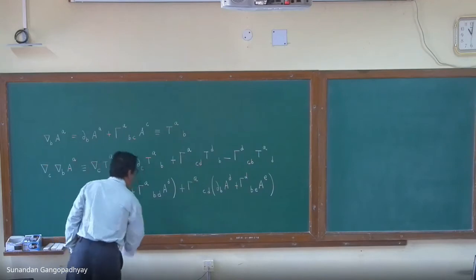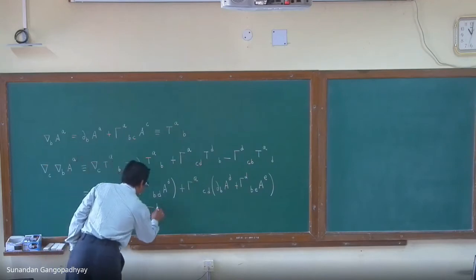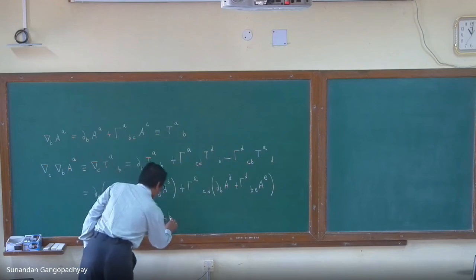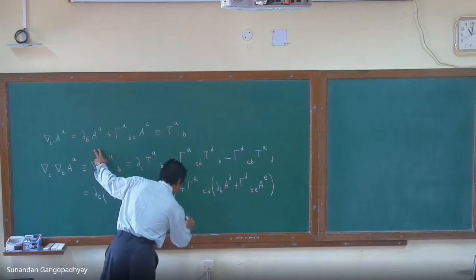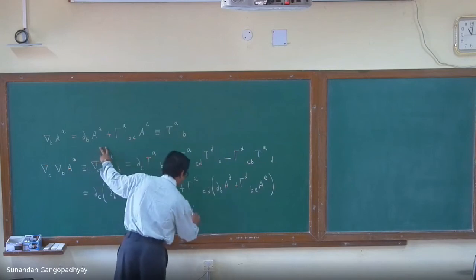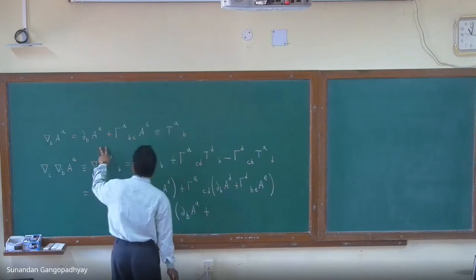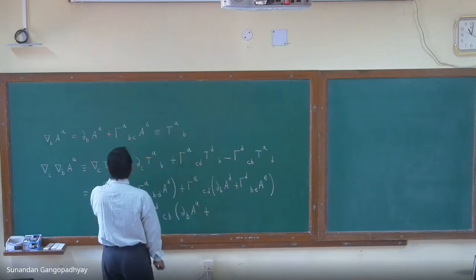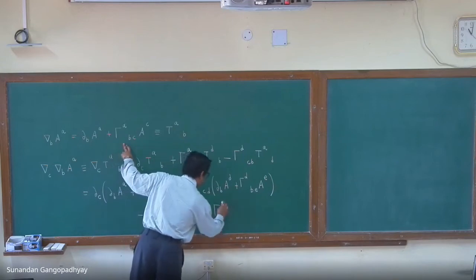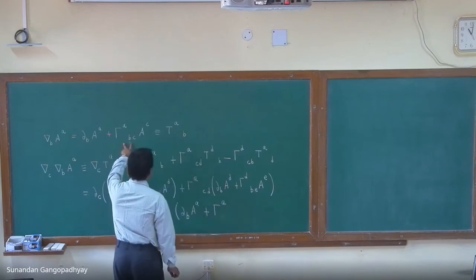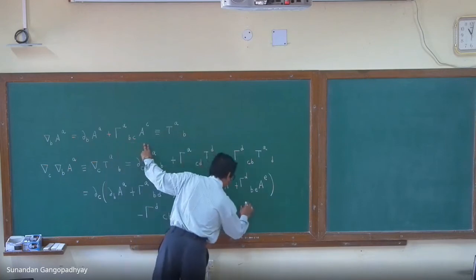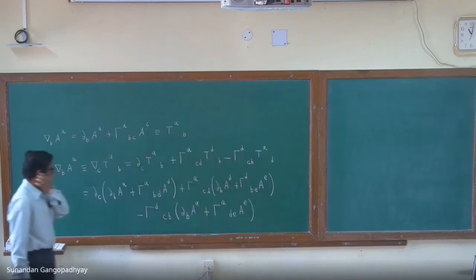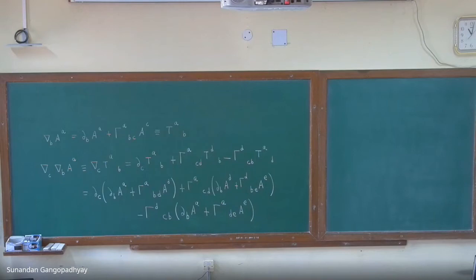And then minus gamma AB, that is del B A plus A B.